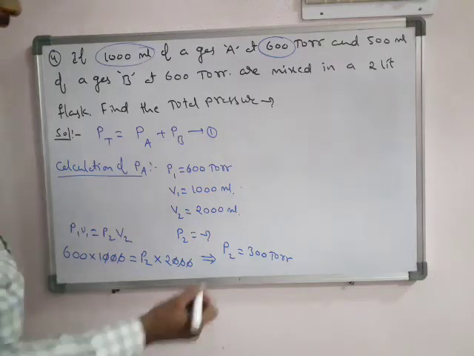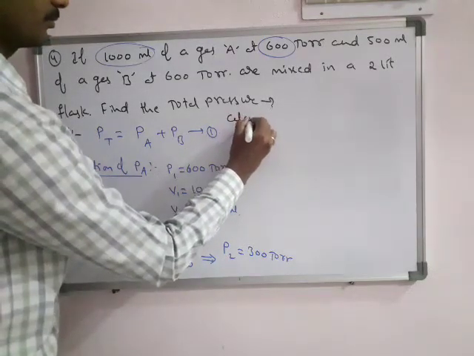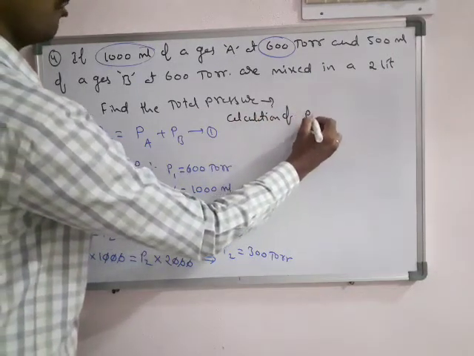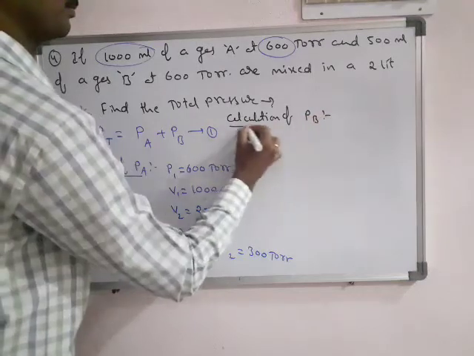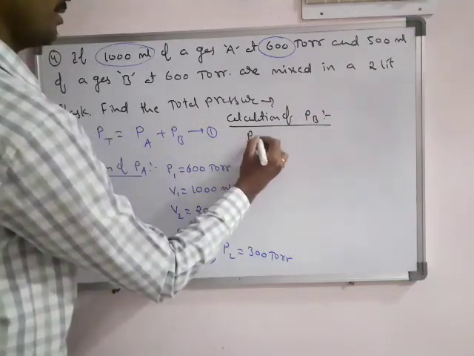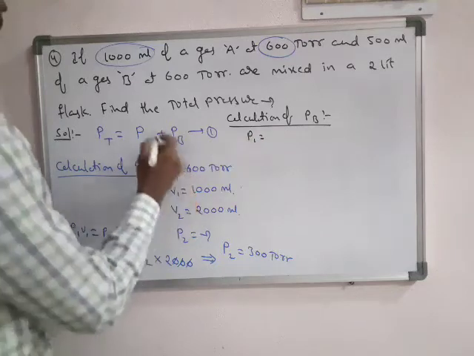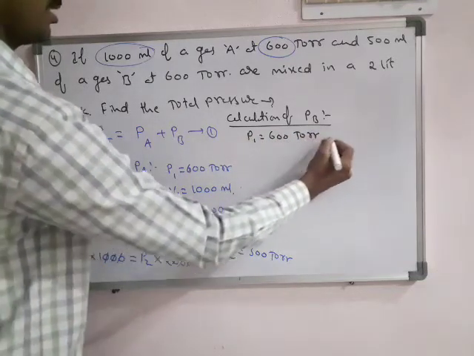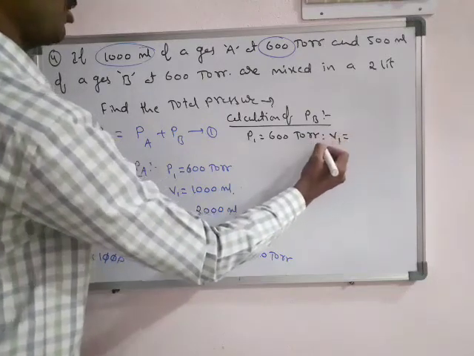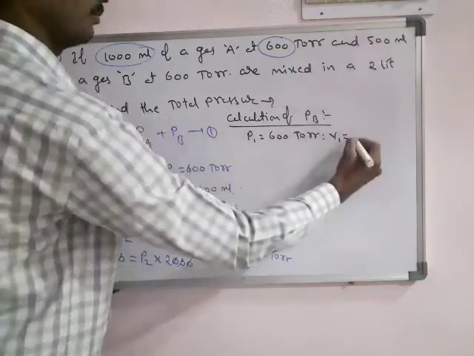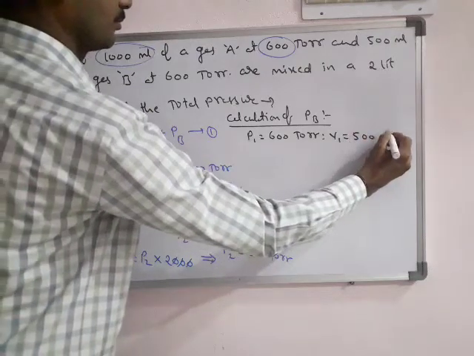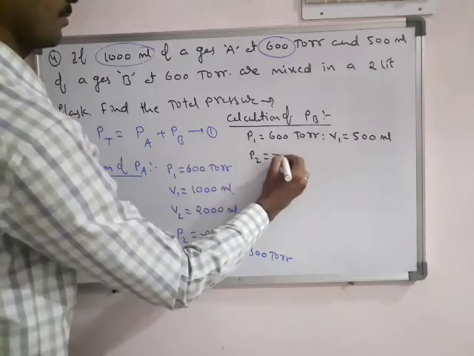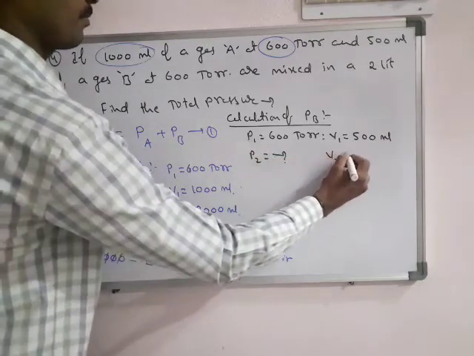Same for the second gas, calculated now. Calculation of pressure of B. What is the initial condition for gas B? 600 torr, and its volume is 500 milliliter.